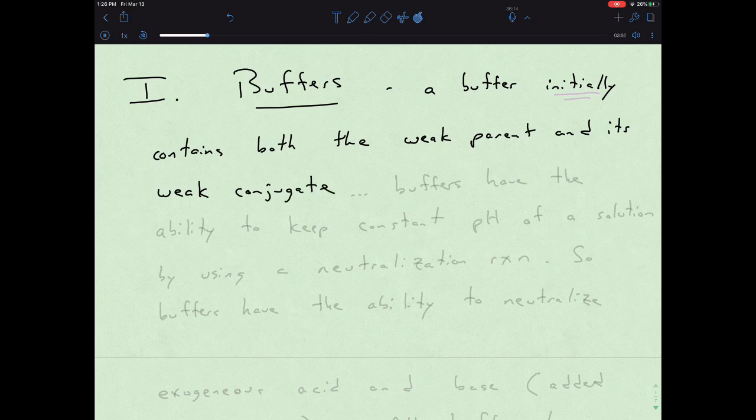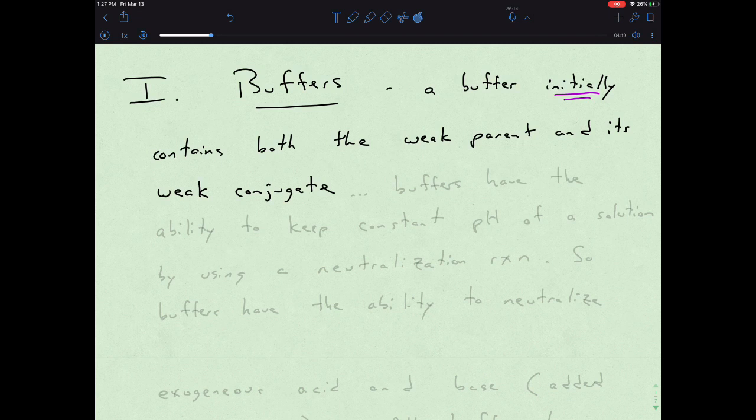This is initially, that's the biggest point that I could address here in that recognition. Above, with chapter 16, we initially began with the weak parent, or we initially began with the weak conjugate in terms of those equilibrium-based questions.